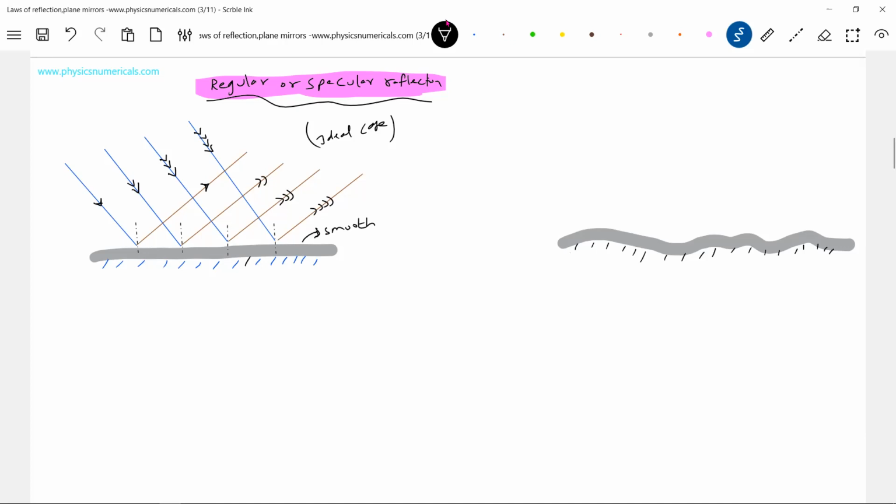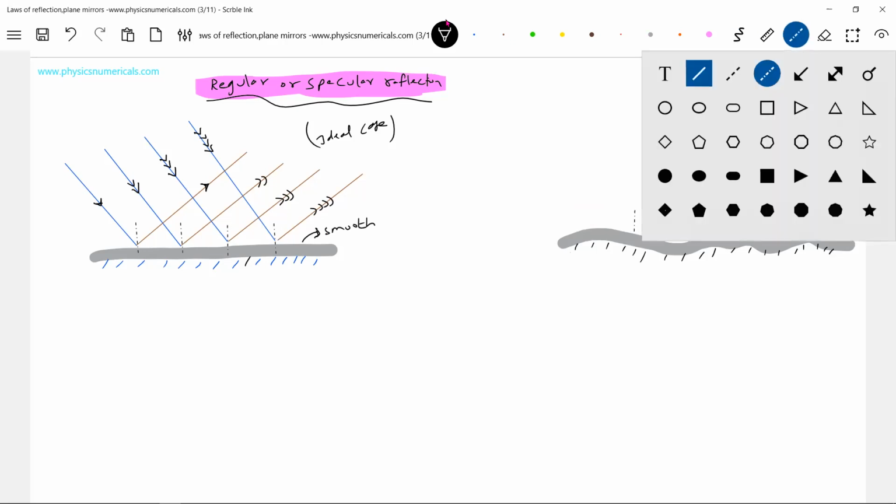This will be the surface, and here is a normal like this. Look at the normal here. Let there be a parallel beam of light incident on this surface.